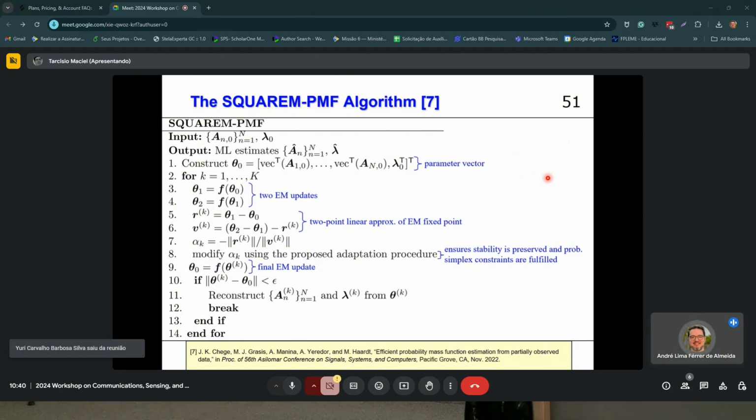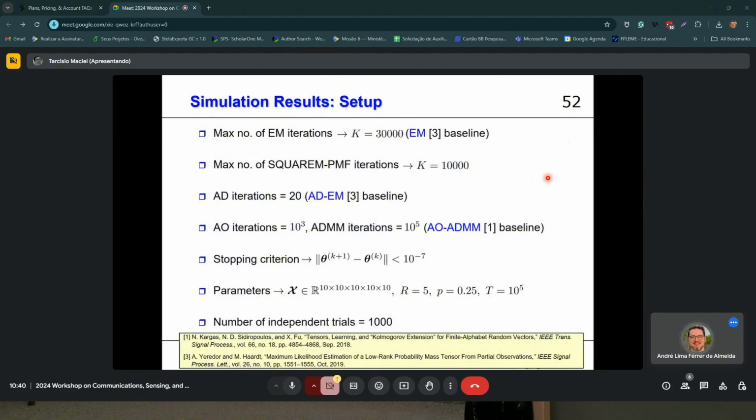One thing to note here is that we need 3 EM updates in this square EM PMF algorithm. So when we are comparing the 2 in the results, we need to ensure that we have a fair comparison. These are the simulation results here.